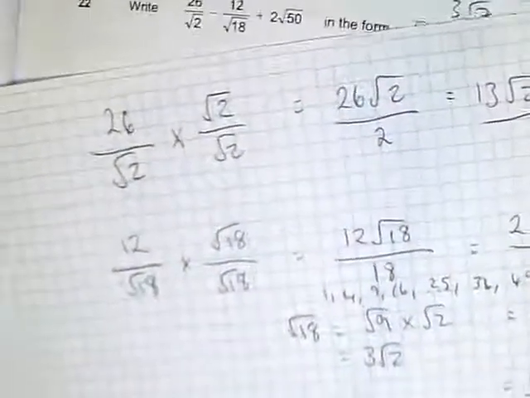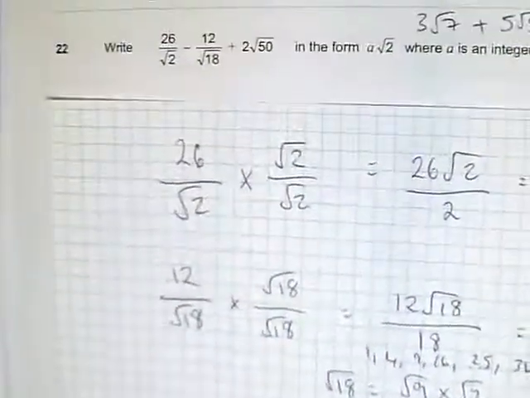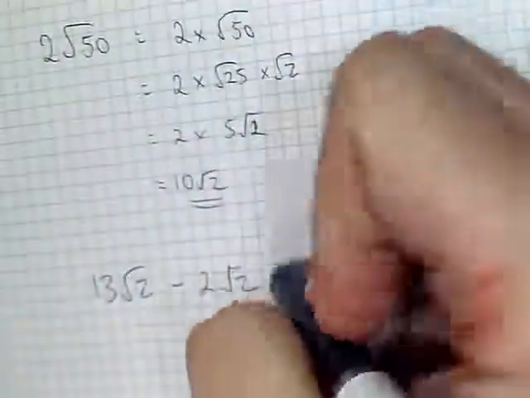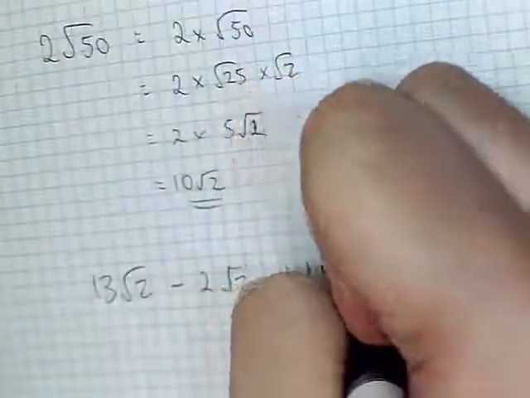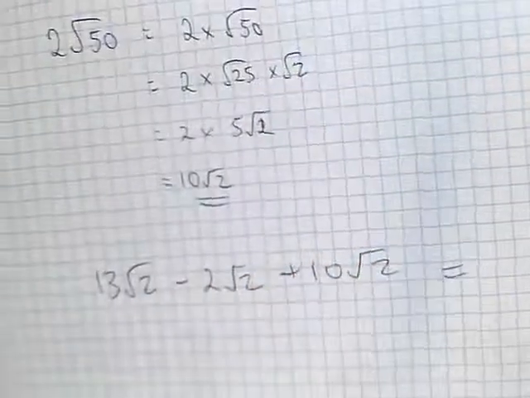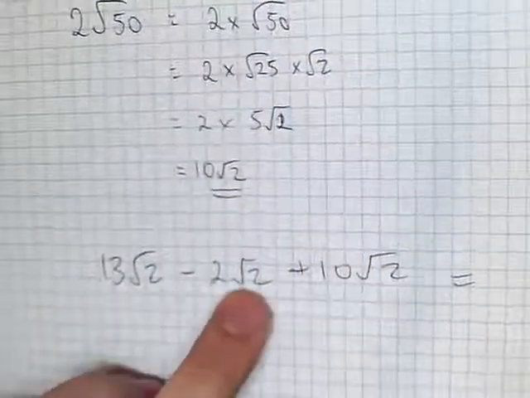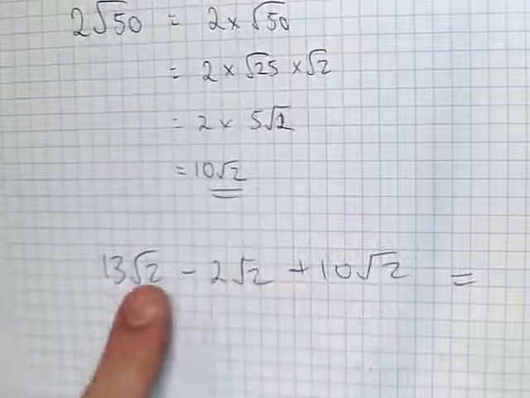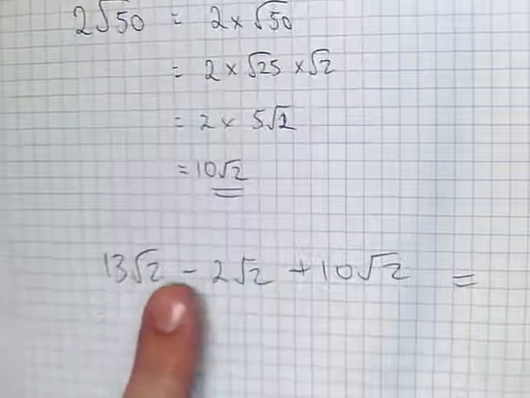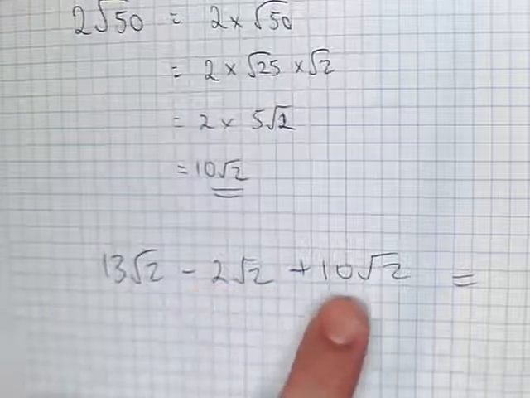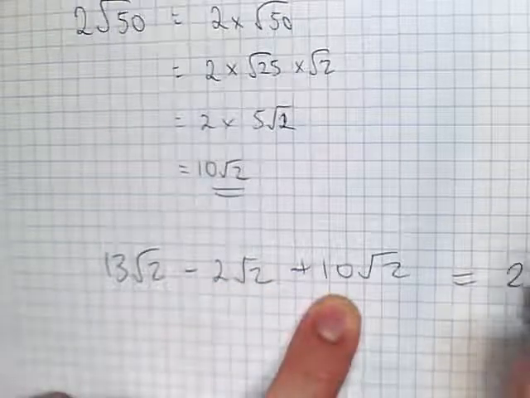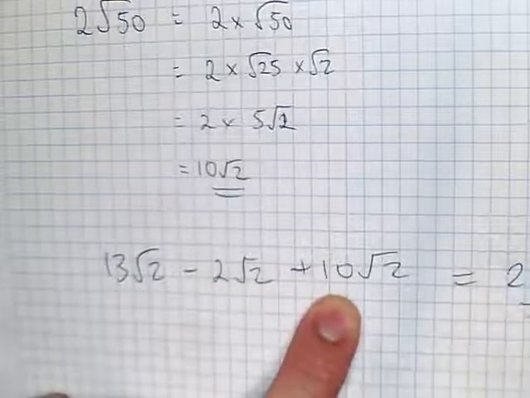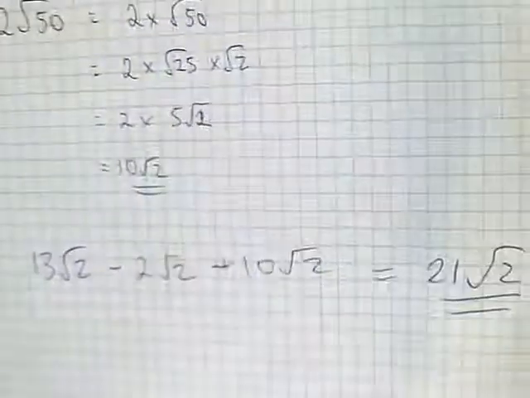And finally, we are adding 2 root 50, which is 10 root 2. And like we said towards the start of the video, now we've got the same like term, we can just add them and subtract them. So I've got 13, take away 2, which gives me 11, add 10 gives me 21, so it's 21 root 2 is my final answer.